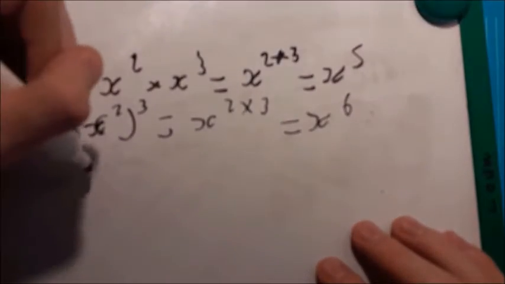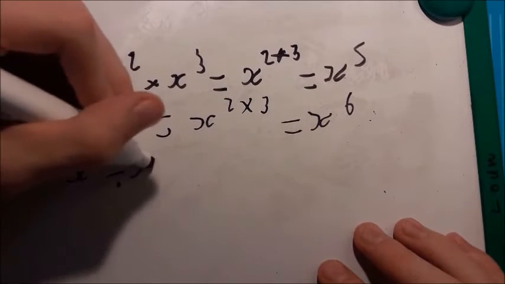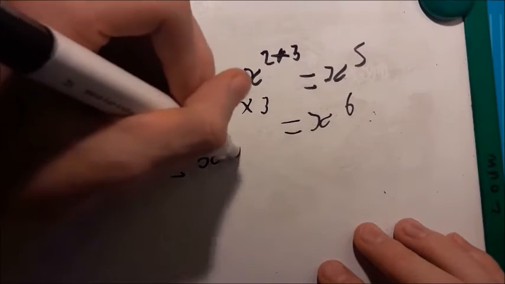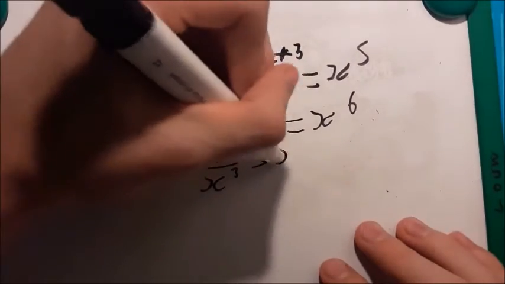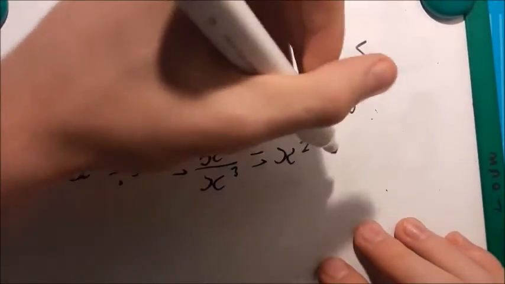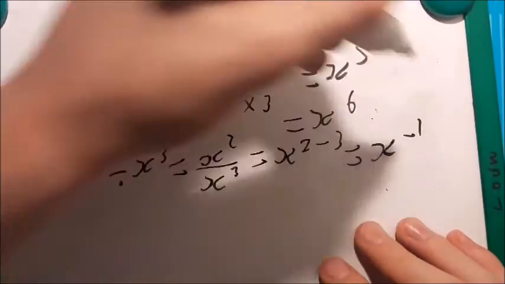And then you can also get x squared divided by x to the power of 3, which is equal to x squared over x to the power of 3, which is equal to x to the power of 2 minus 3, which is equal to x to the power of negative 1.